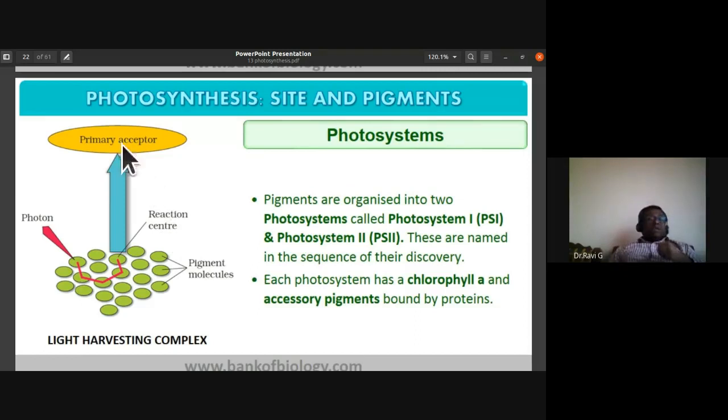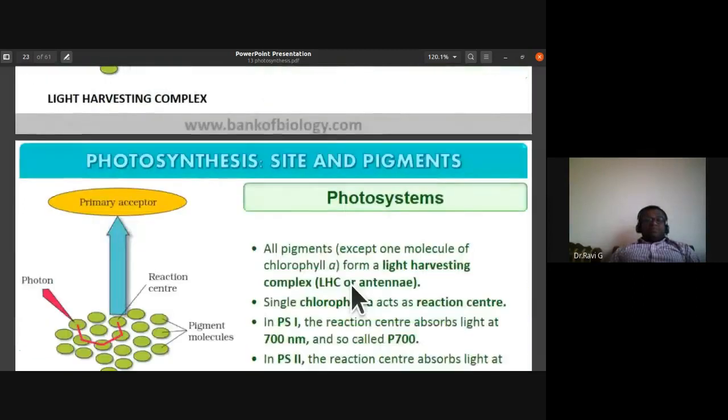You can notice this light harvesting complex, where a photon of light falls on them. The reaction center, the primary acceptor, and the electrons are being liberated by these pigment molecules.